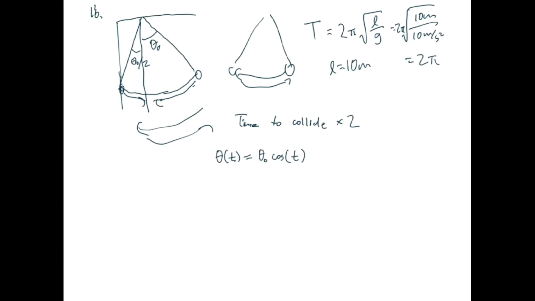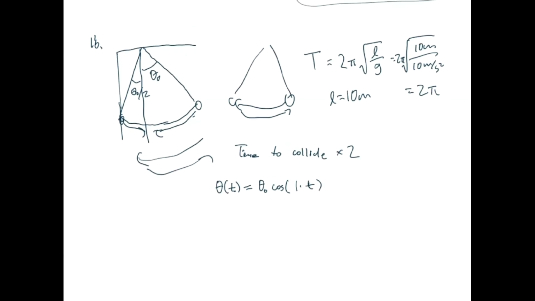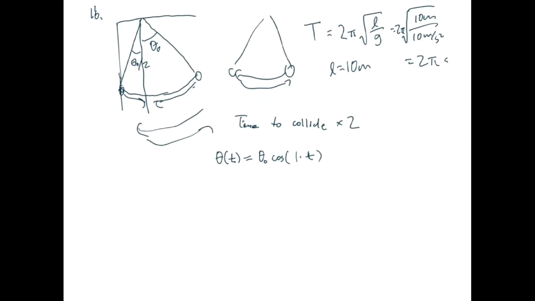This is theta 0 cosine of omega t, because we know that the period is 2 pi seconds. So 2 pi over omega is 2 pi seconds, and then omega is 1 over seconds.